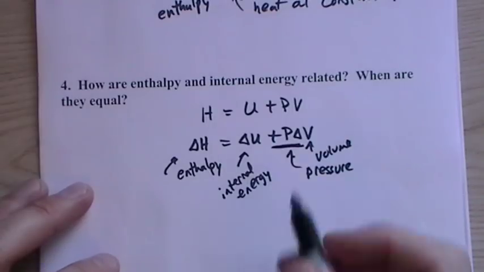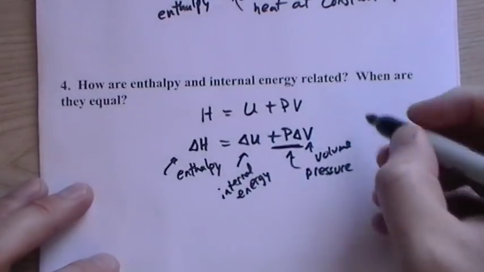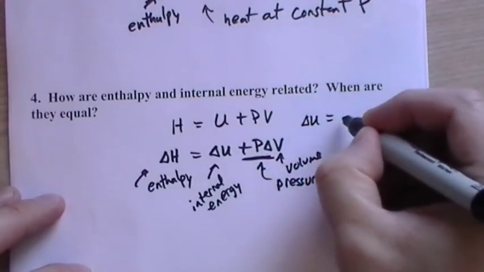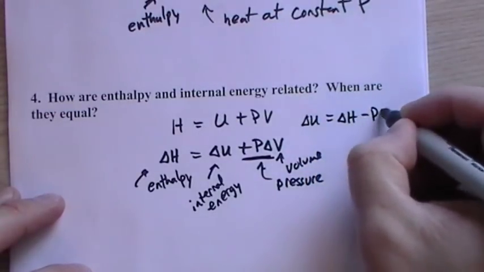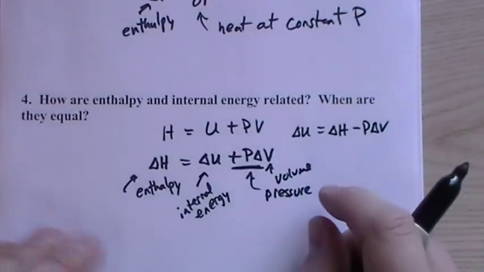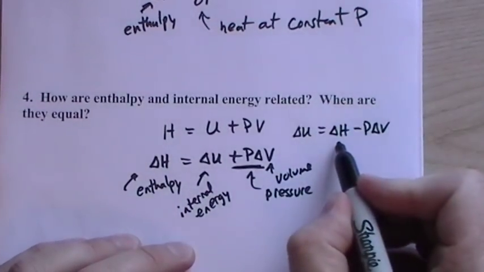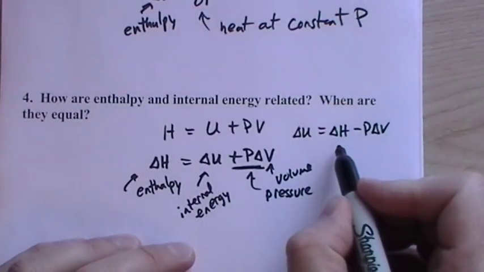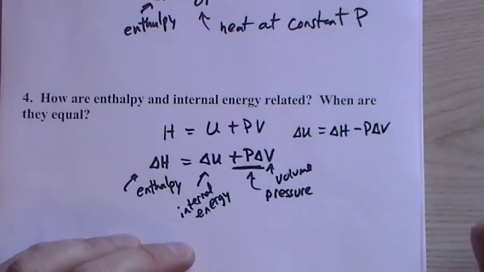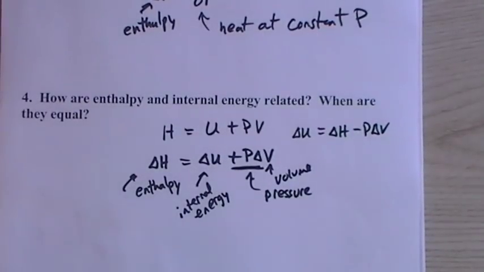So if we studied the internal energy, we'd have this. And what that would mean is that we have to figure out how much heat is given off, because remember, delta H is heat at constant pressure, so the heat that's given off in the system. Plus we'd have to keep track of the volume change of gases, which means every single reaction would have to be done inside of a closed container that had a plunger system.